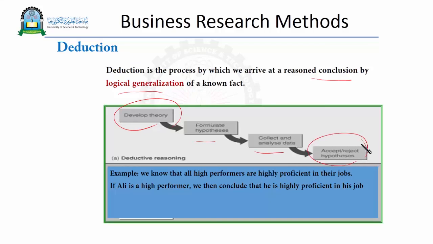And these findings are going to show whether the hypothesis dependent on this theory is accepted or rejected. The example is, if we know that all high performers are highly proficient in their jobs, and Ali is a high performer, we can hypothesize that he is highly proficient in his job.